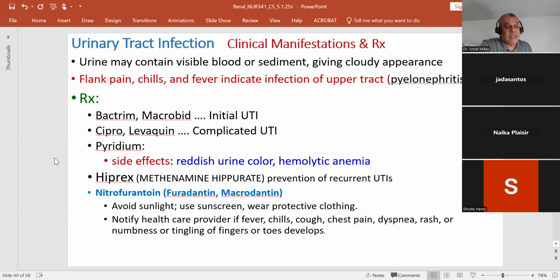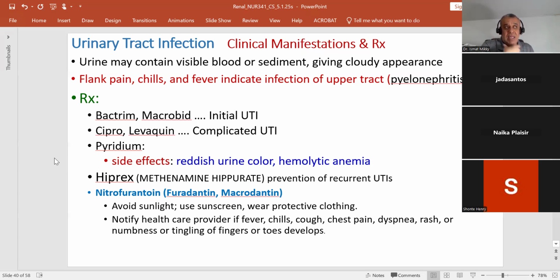Cipro is the brand name; the generic name is ciprofloxacin. Levaquin is also a brand name for the generic levofloxacin. So ciprofloxacin or levofloxacin, with floxacin as a suffix, are antibiotics under which category of antibiotics?